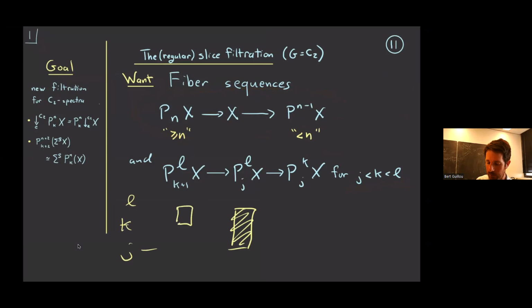This thing has the stuff up here, whereas this one has the stuff down here. That's the kind of thing I imagine. So we cut off the stuff in higher dimensions, and we get something concentrated in lower dimensions, and the fiber has the higher dimensions. That's the kind of thing we're going to get. We haven't defined it yet, but that's what we're heading towards.